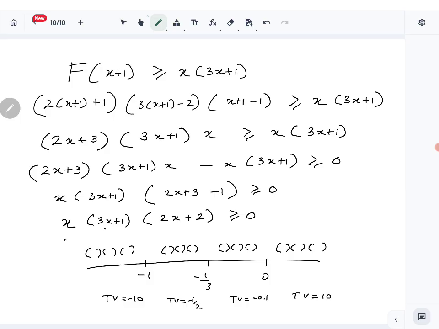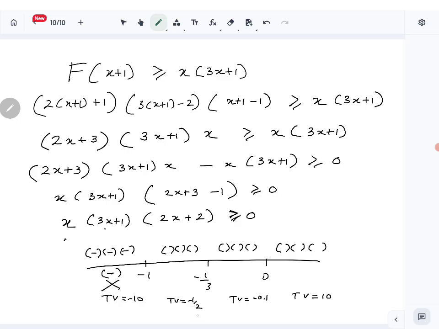So let's try minus 10 into the first factor, then that is a minus value. Minus 10 into the second factor, that is also minus. Minus 10 into the third factor, that is also minus. So minus, minus, minus. So the total is minus. So the expression is minus. We want expression to be positive, so we can't take that interval.